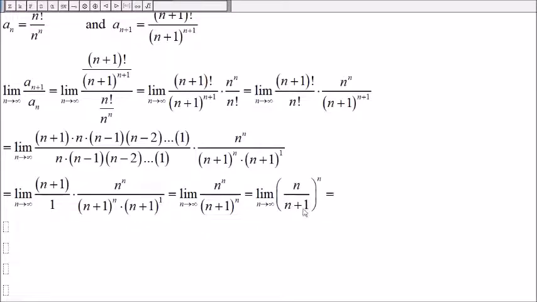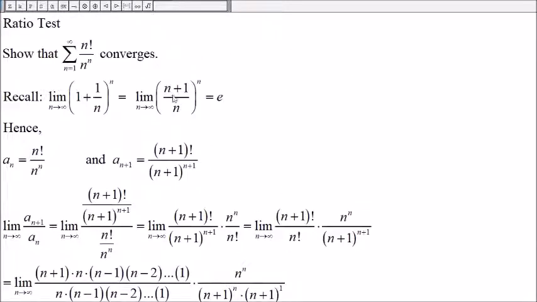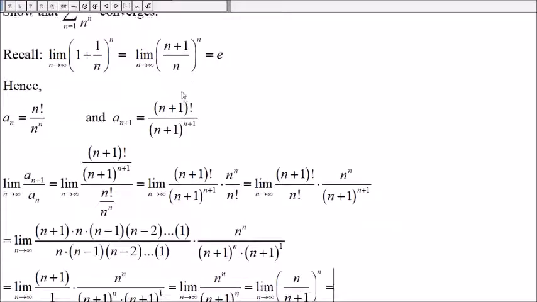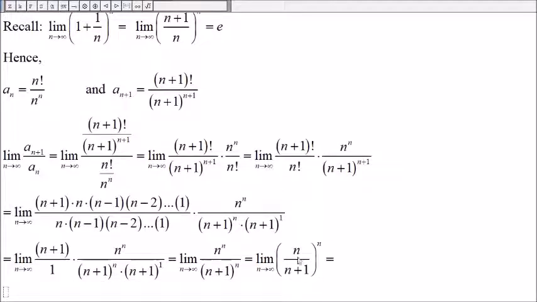And then this looks almost like the one right here, except it is upside down, except this one is (n + 1)/n. The limit here we get e, but this one is upside down, so we can take the reciprocal.